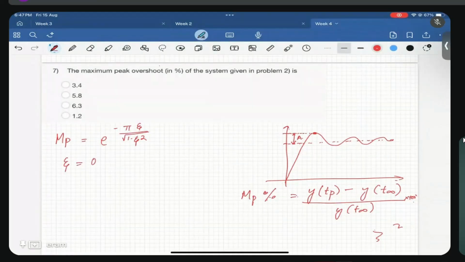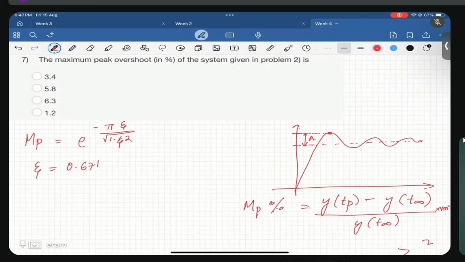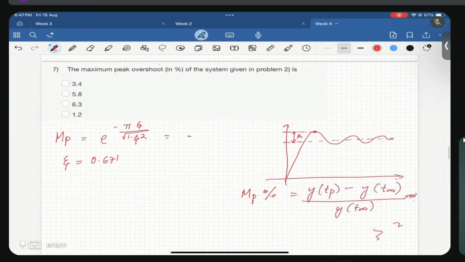It was 0.671. So it is minus pi into 0.671 over square root of 1 minus 0.671 square. If you calculate, you will get 0.0582.